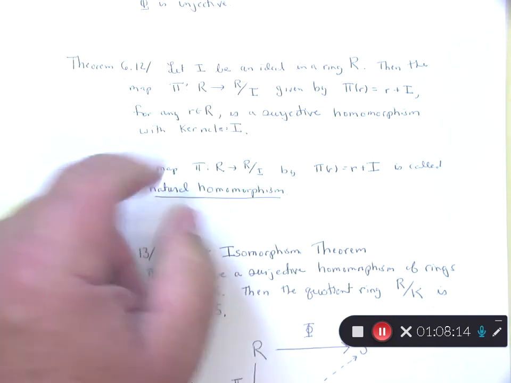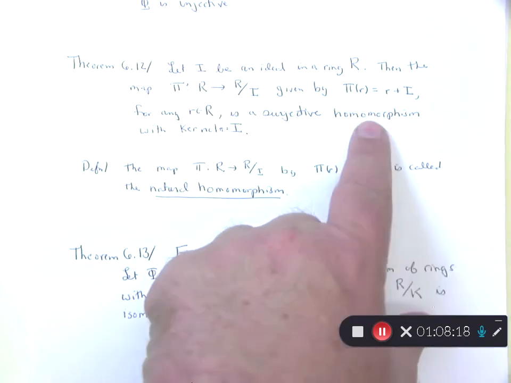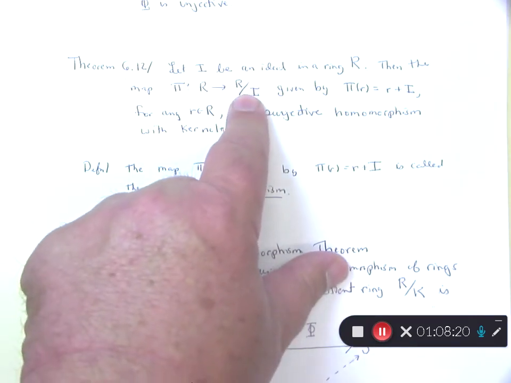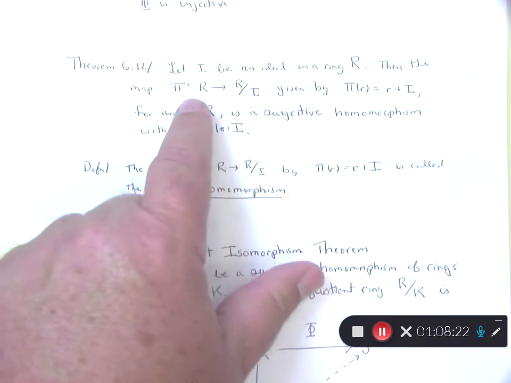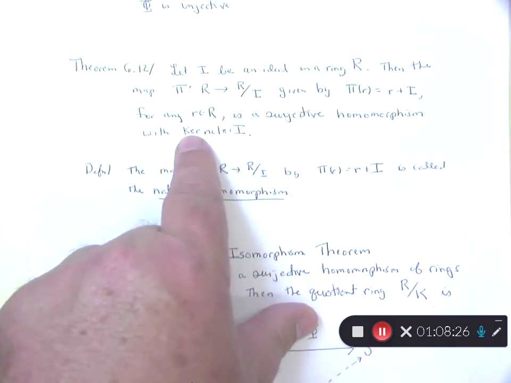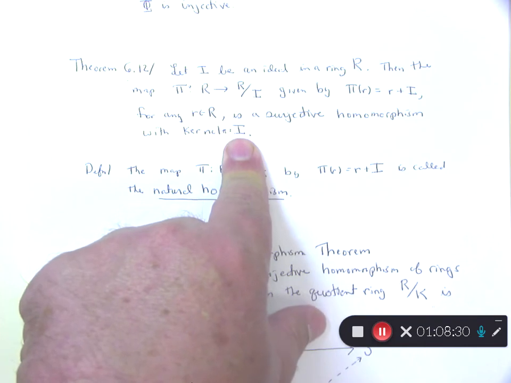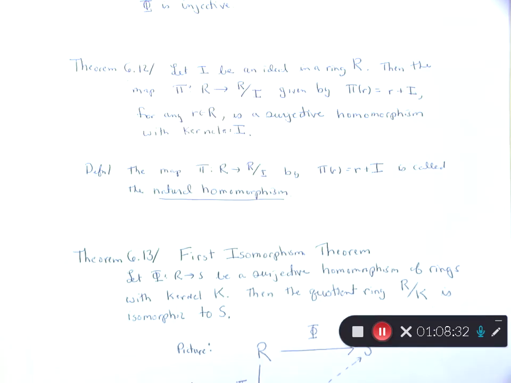So with this natural homomorphism, it's a surjective homomorphism. Everybody over here is going to get mapped onto, and the elements that map to the 0 element, the kernel of pi, will actually be all the elements from the ideal I in R.